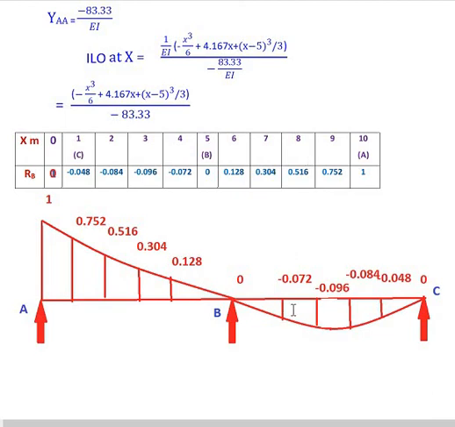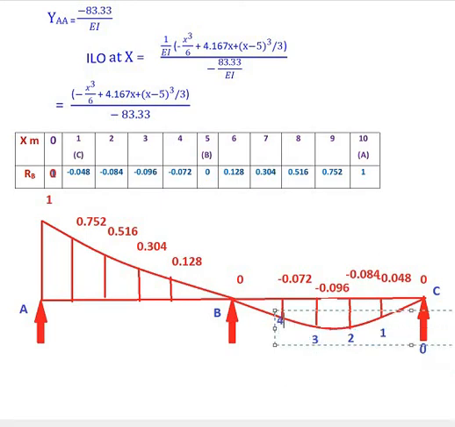So before entering the influence line ordinates, we can enter the values of x in meters, which means this point represents 0, and this point represents 1, subsequently the values of other points: this point is 2, this point is 3, and this point is 4.